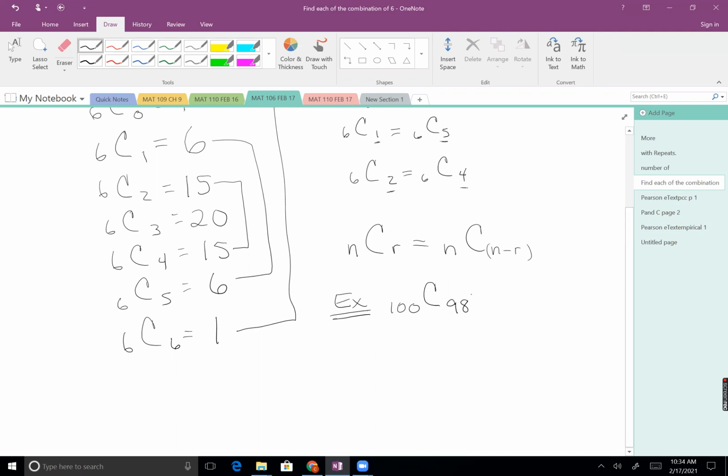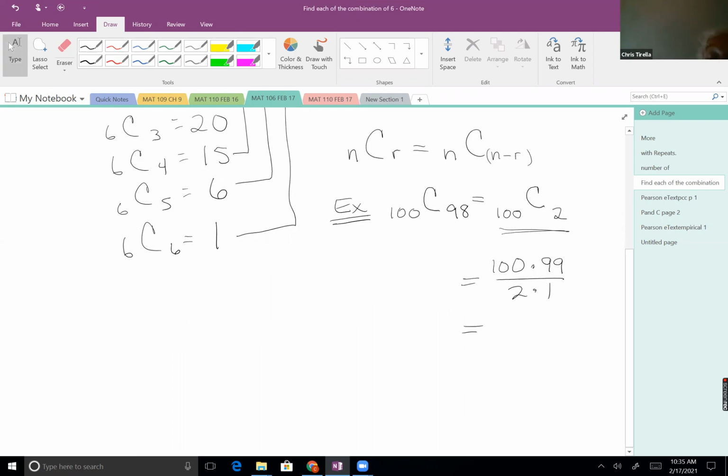No. So using this rule, that's going to be the same as 100 combination, well, what's 100 minus 98? 2. And now that's real doable because I'm only taking 2 factors and dividing by 2 factorial. Going through and doing it by hand, that would give me 4950.